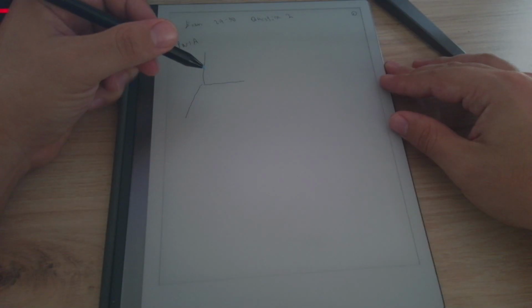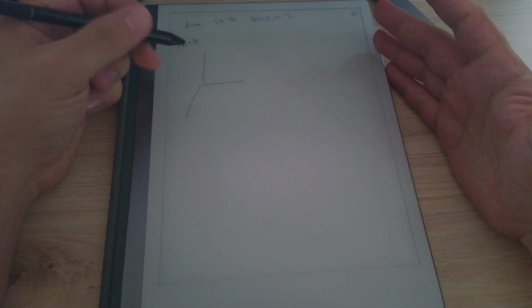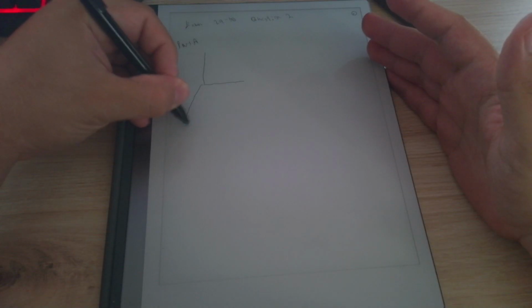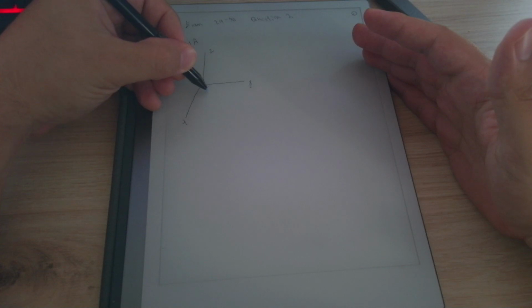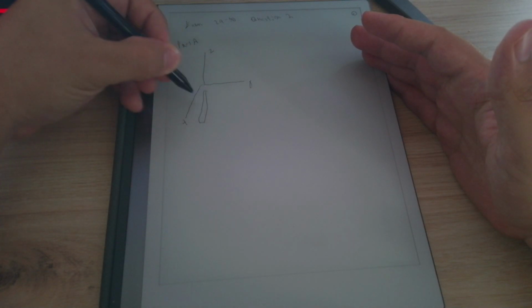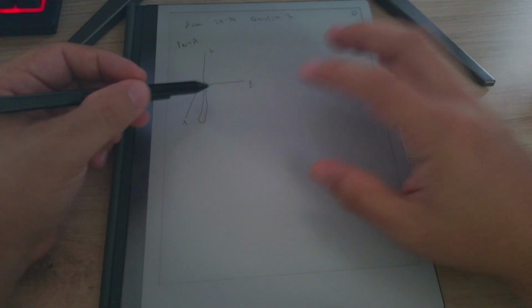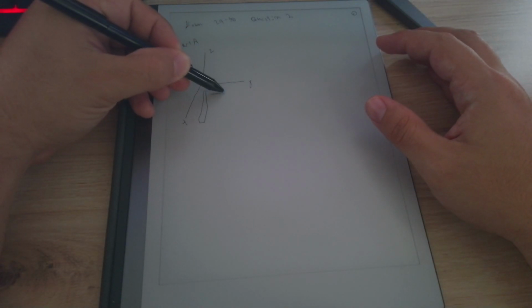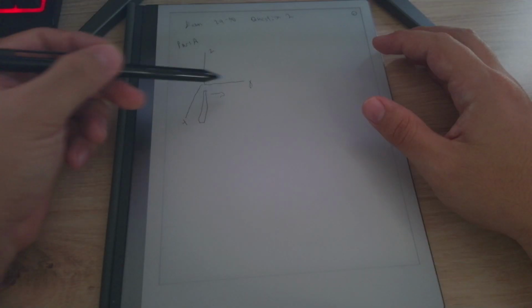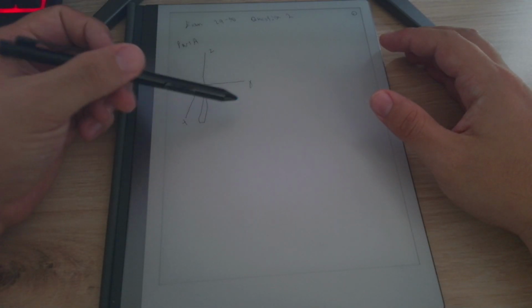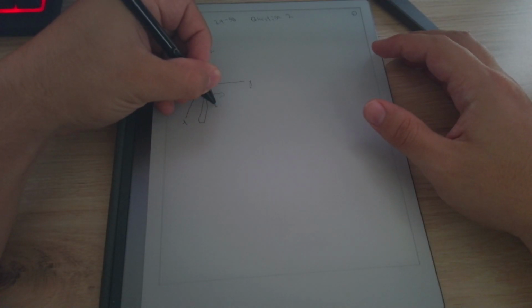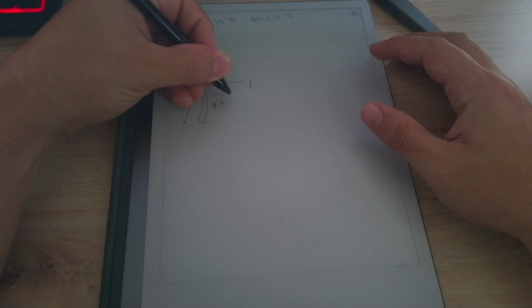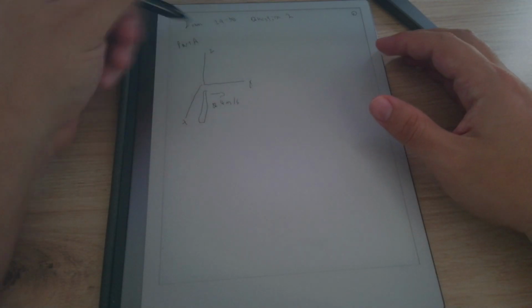So it's telling us that the rod is oriented parallel to the x-axis, and we're moving in the y direction at 3.90 meters per second.